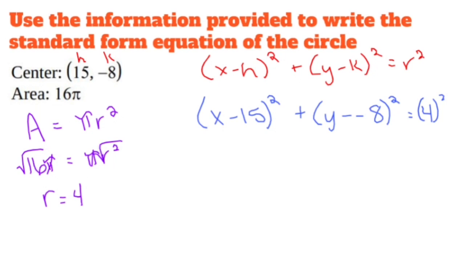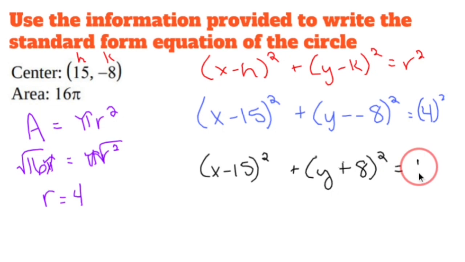Maybe I could have kept it like that, but, who cares? (x minus 15) squared plus (y plus 8) squared equals 16, since a double negative is a positive 8. That is a circle in standard form with a center of (15, negative 8) and an area of 16 pi, baby. Fun.